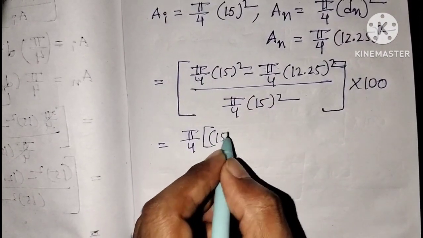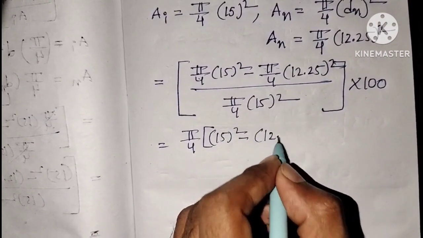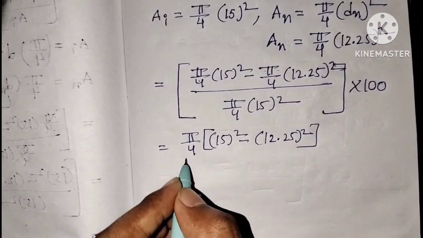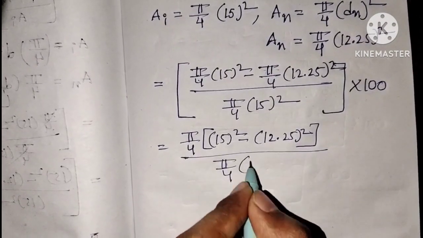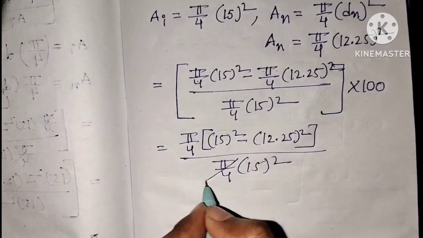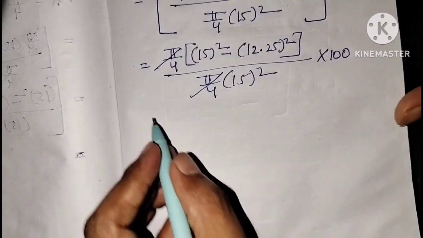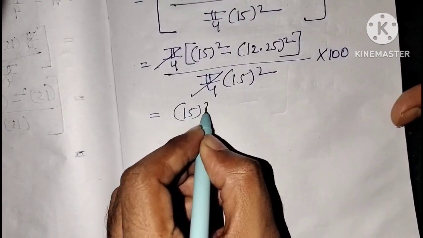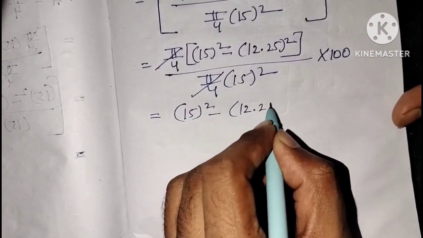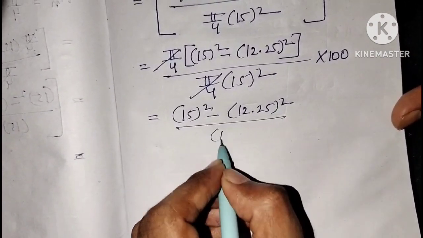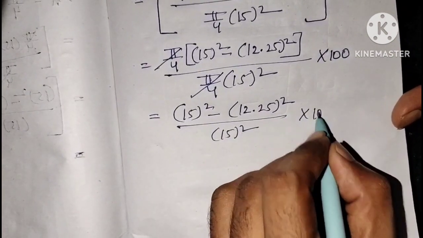You will have 15 square minus 12.25 whole square, by 15 square, into 100.